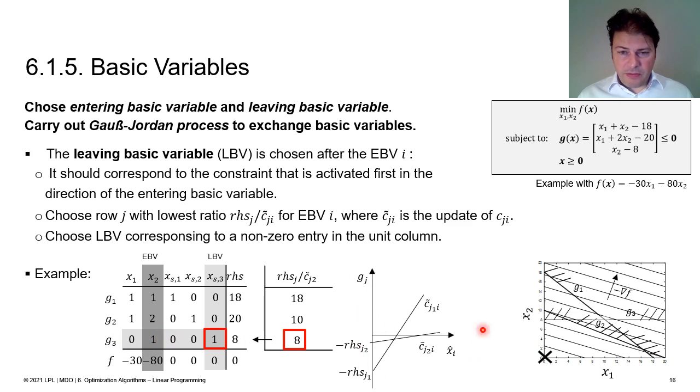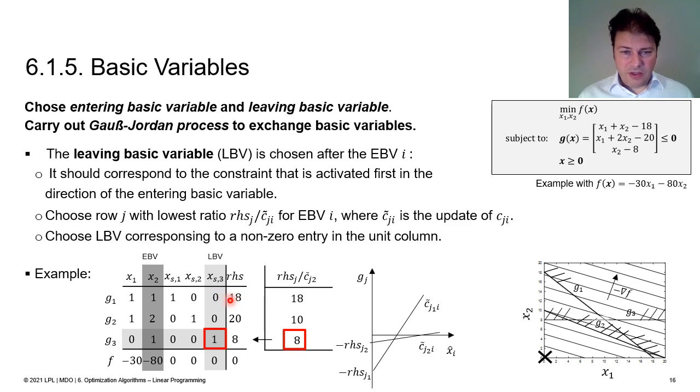Just look at this diagram here. You can think of this diagram as a section of this plot where you go down x2, and here you can see how the different constraint functions will behave. You have a negative right-hand side here because this is the right-hand side of the system of equations. So if you subtracted the right-hand side, then you would have the function itself.